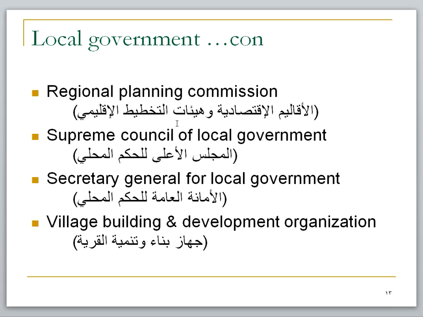Some authorities like الأقاليم الاقتصادية وهيئات التخطيط الإقليمي اللي هي Regional Planning Commission، المجلس الأعلى للحكم المحلي led and headed by وزير الحكم المحلي, the Minister of Local Government, Supreme Council of Local Government here, Secretary General for Local Government اللي هو الأمانة العامة للحكم المحلي، and then جهاز بناء وتنمية القرية اللي هو Village Building and Development Organization.